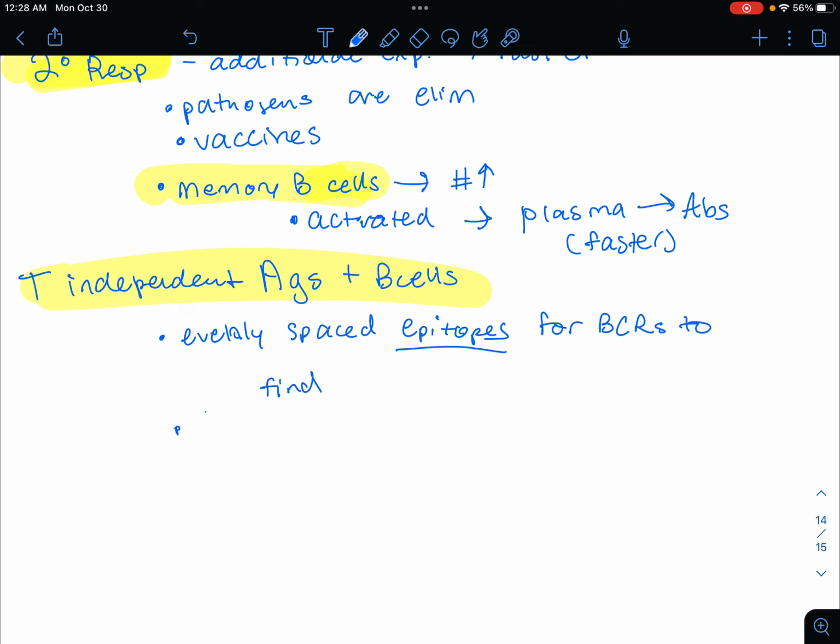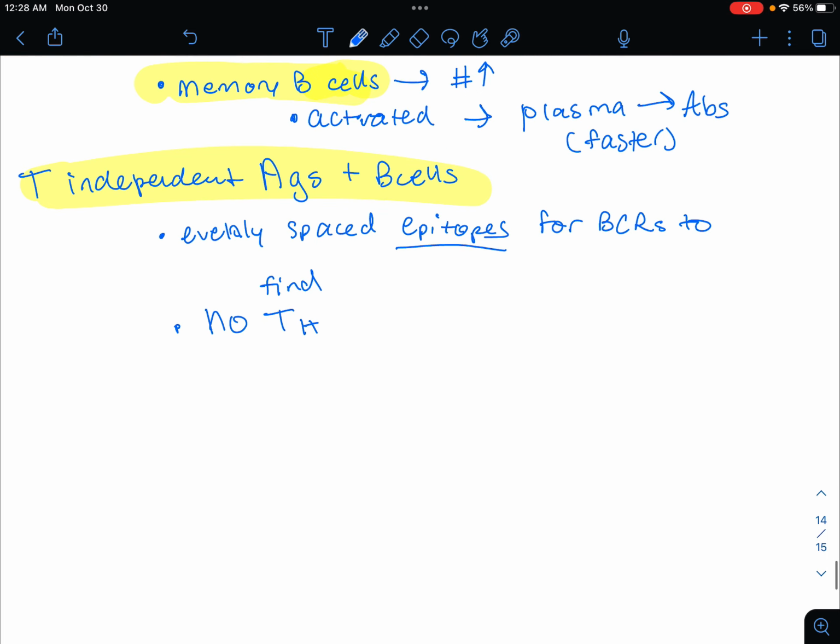Again, T-independent, no T helper here. And lipopolysaccharide, as described earlier, from the outer membrane of gram-negative bacteria. This is a great T-independent antigen.